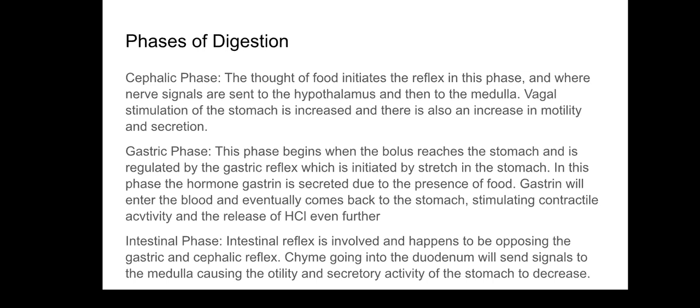In this phase, a hormone called gastrin will be secreted due to the presence of food. This hormone will enter the blood and eventually will come back to the stomach, stimulating contractile activity and the release of hydrochloric acid. Yeah, that's what that is.